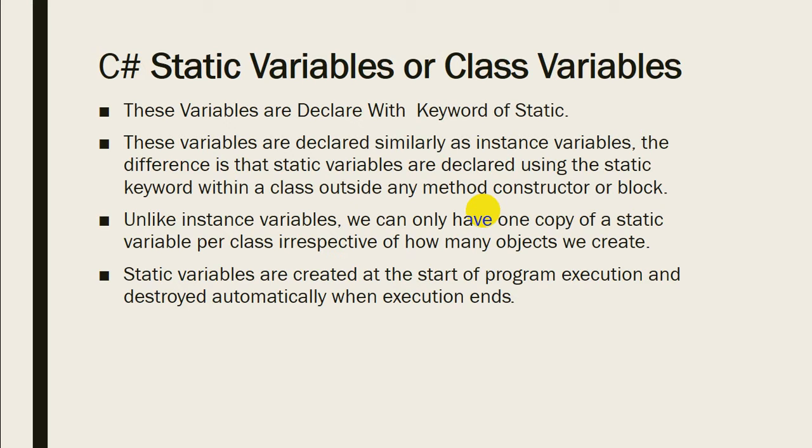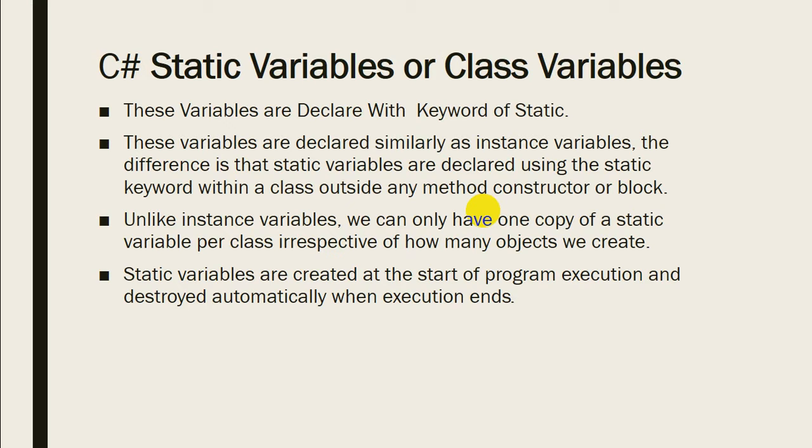Another difference is that when we define static and non-static variables inside a class, we can access the instance variable with an object of the class, but we don't need to create an object for a static variable. We can only access the static variable with the name of the class. And these variables are created when the program executes and destroyed when the program execution ends.